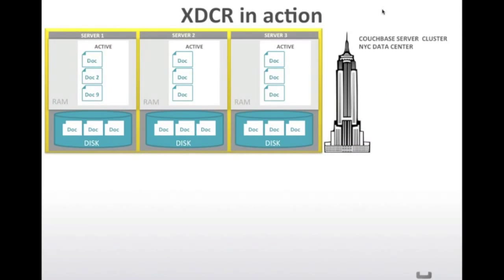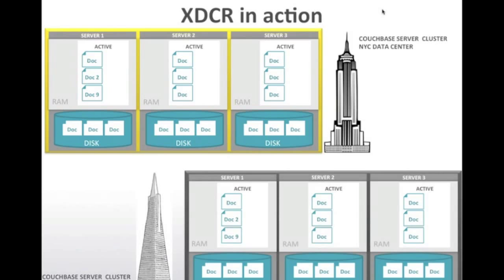So let's see the XDCR in action. Here, let's say there's a Couchbase Server cluster in New York. This is a New York center, and there are 3 servers, and you have documents, and they're in disk. And let's see what happens when you have a Couchbase Server cluster in San Francisco. So you have the East Coast cluster, and now you have a West Coast cluster.